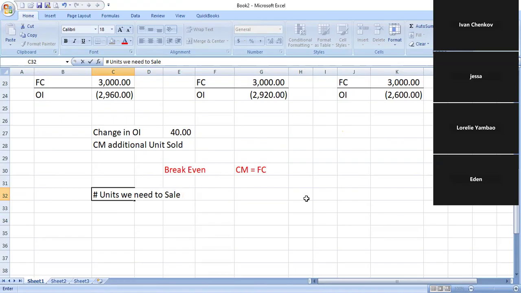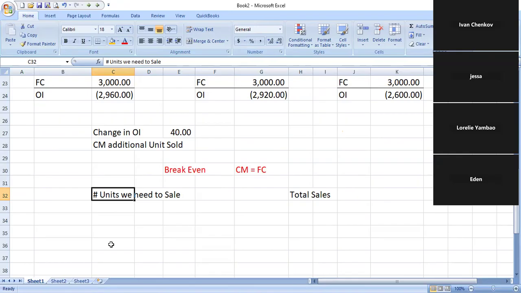First question. And the second question, how much should be my total sales in order to get to the break even? First, let's find the number of units that we need to sell in order to get to the break even. How are we going to find those units?